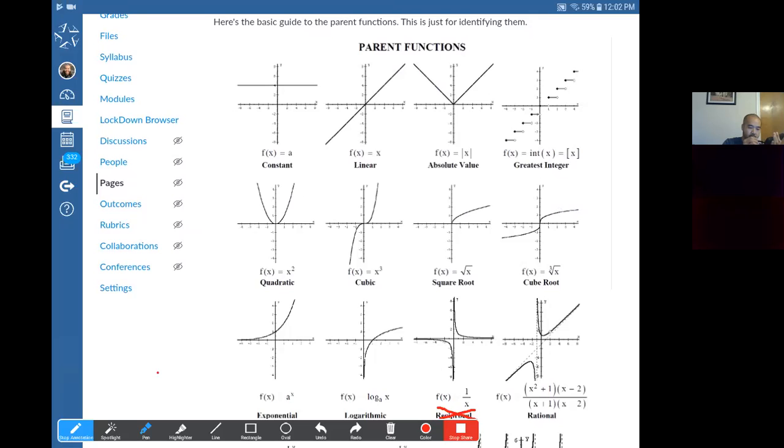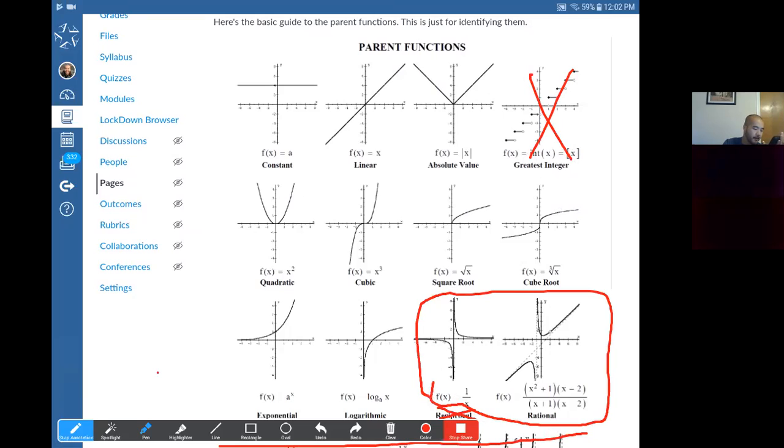We're not going to be using greatest integer, and we're not going to be using any of the ones at the bottom here. And see this equation here, you can group that over here with this one. Put those together. I think everything else is on there.